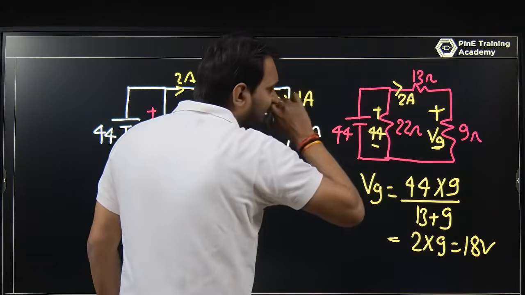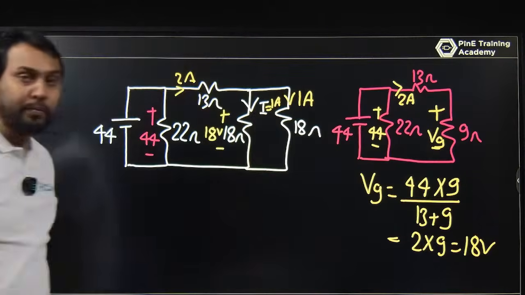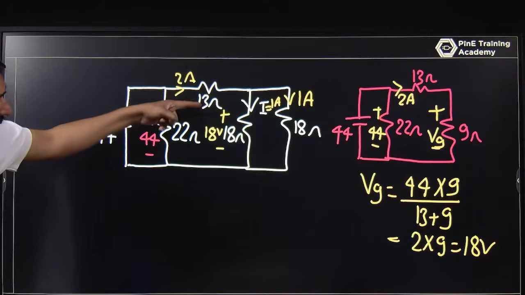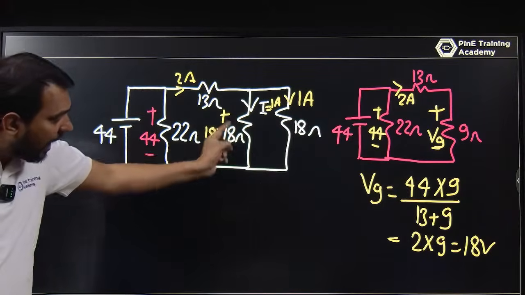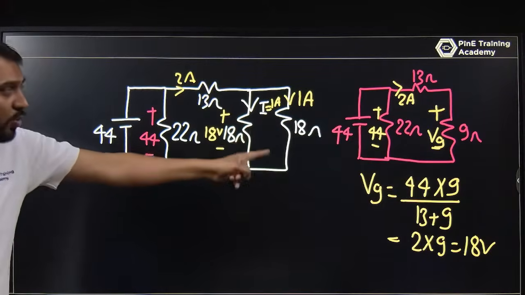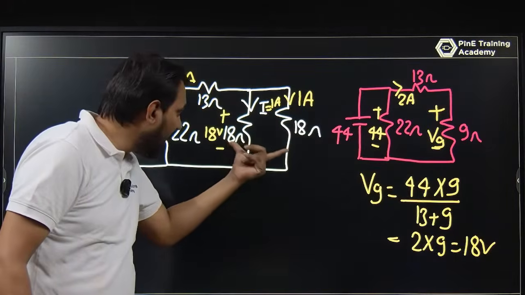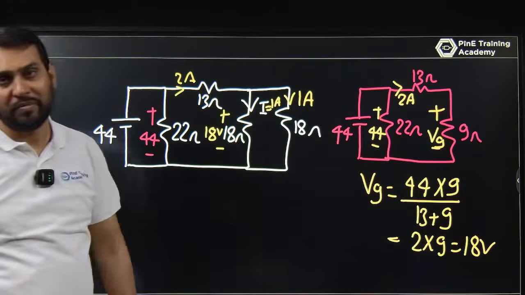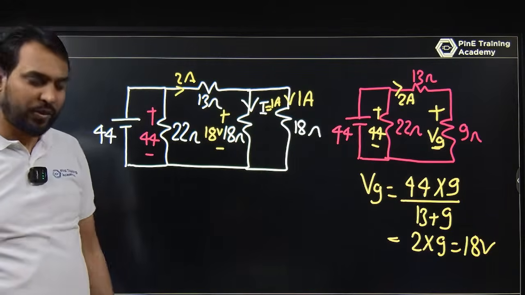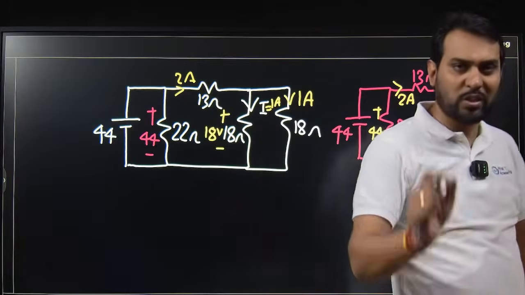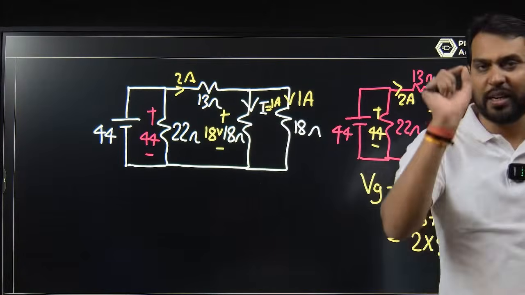The 2 ampere current is going through the 13 ohm, and after this the 18 ohm becomes 1 ampere and 1 ampere. If you solve it, it becomes 9 ohm, but separately it is 18 ohm and 18 ohm only. This is the beauty of that question. Here I am not using any complex part like nodal and mesh. I am just using series, parallel, Ohm's law, KCL, KVL only.